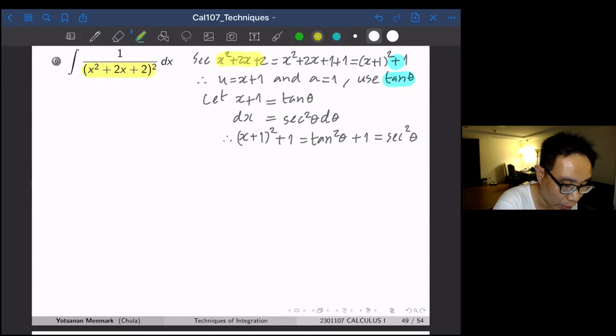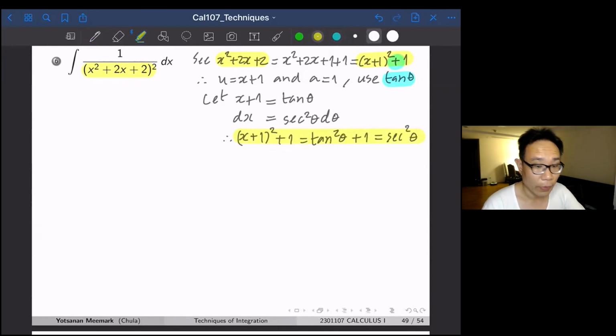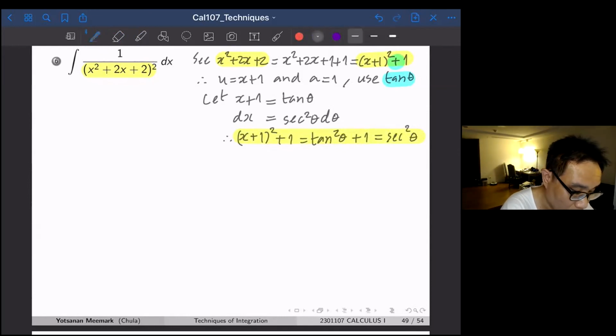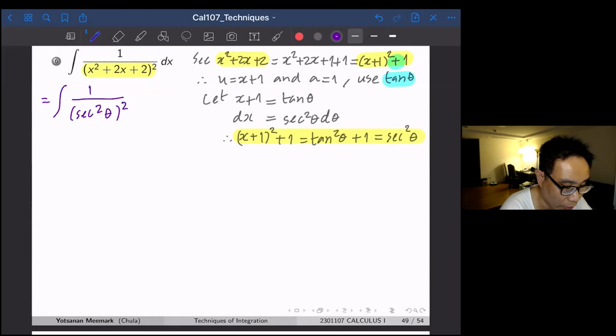So this one is the yellow guy, and the yellow guy becomes just secant square. Okay. So for the substitution, you're gonna just integrate 1 over secant square, and then you have the square outside.